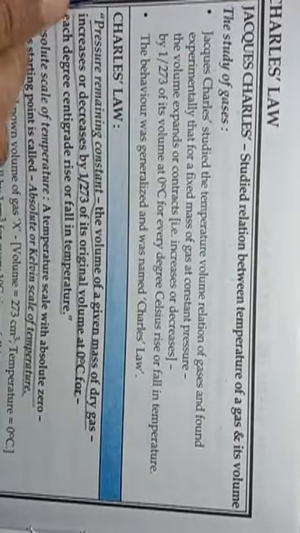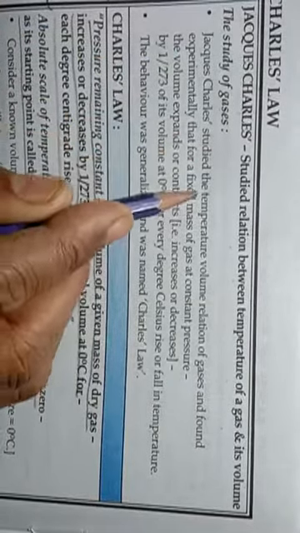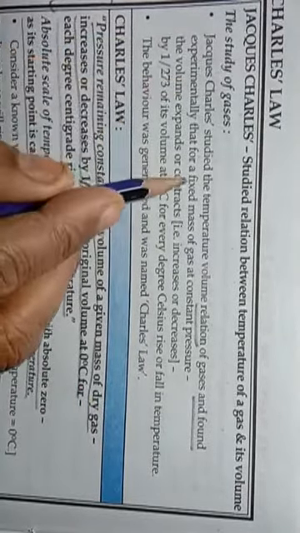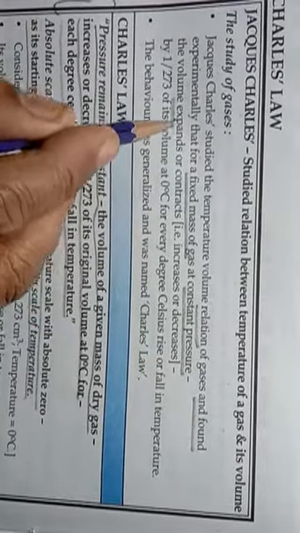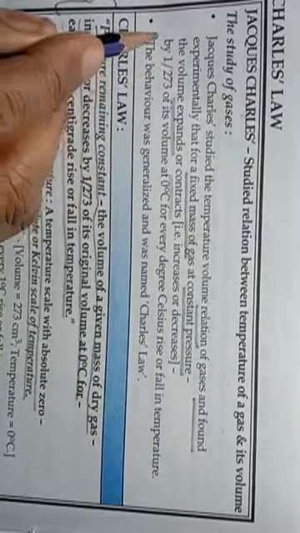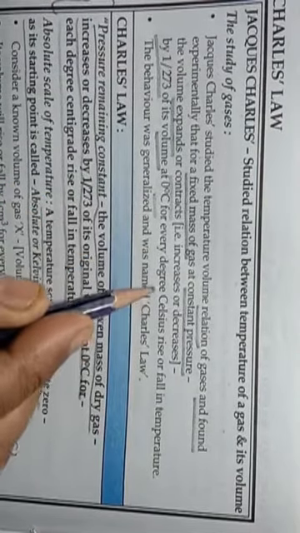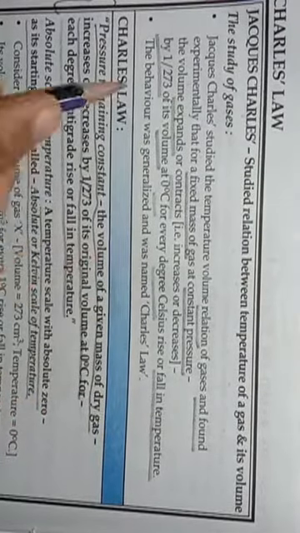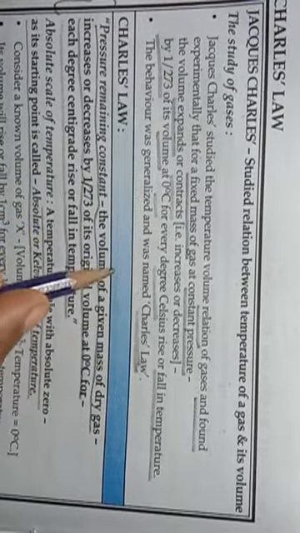In the study of gases, he studied the temperature-volume relation of a gas and found experimentally that for a fixed mass of a gas at constant pressure, the volume expands or contracts by 1/273 of its volume at 0 degree Celsius for every degree Celsius rise or fall in temperature. The behavior was generalized and was named Charles' law.